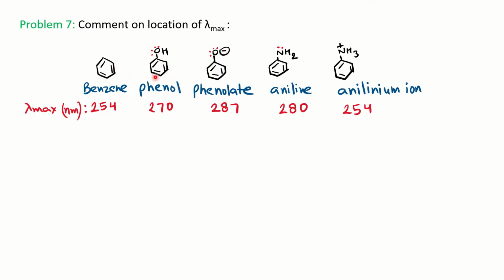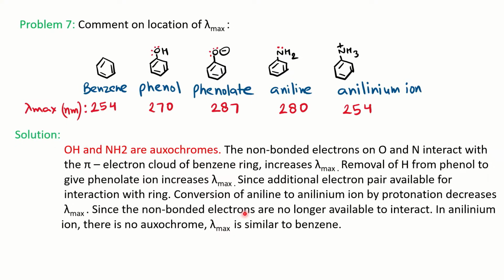So if the chromophoric group is attached to the auxochrome, it increases the resonance or conjugation, and so you can notice the wavelength is also increased. So this is the reason why phenol and aniline have a higher wavelength as compared to benzene.